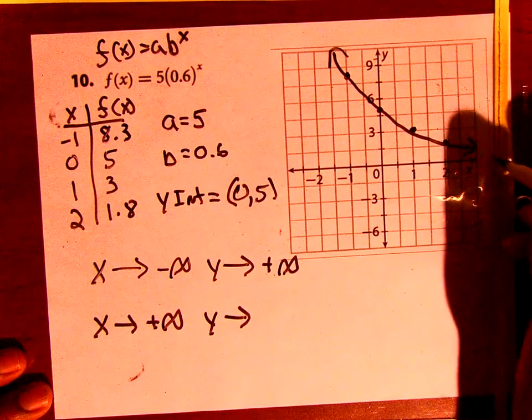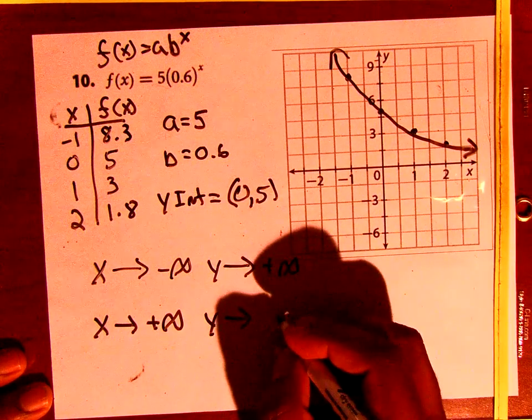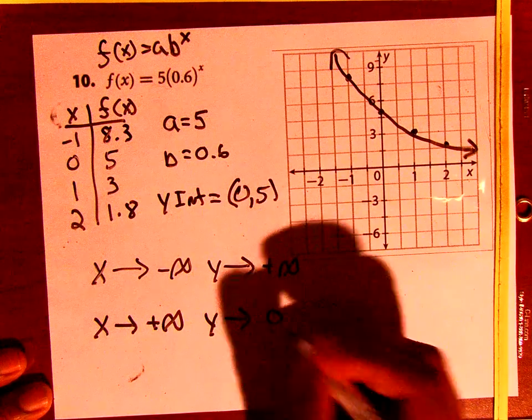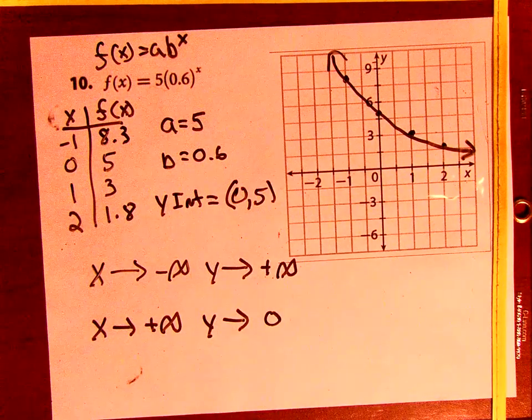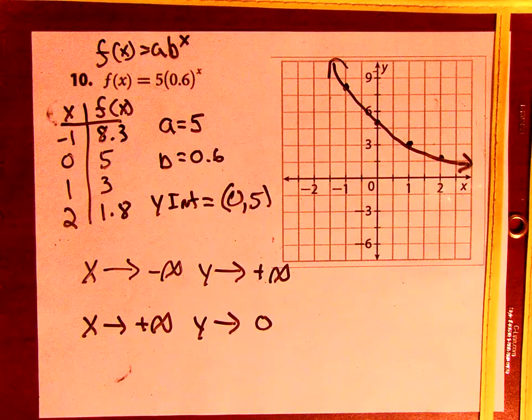It gets closer and closer to 0. So that is graphing the exponential function and determining end behavior, y-intercept, and so forth.